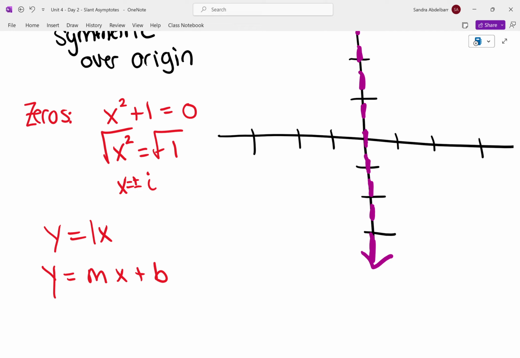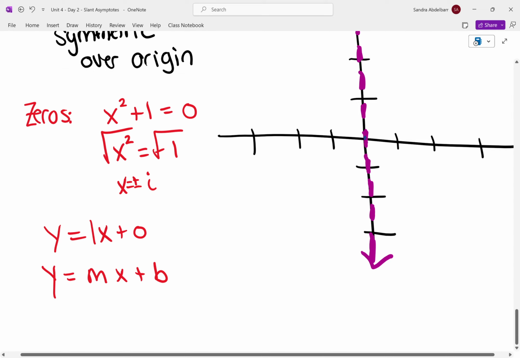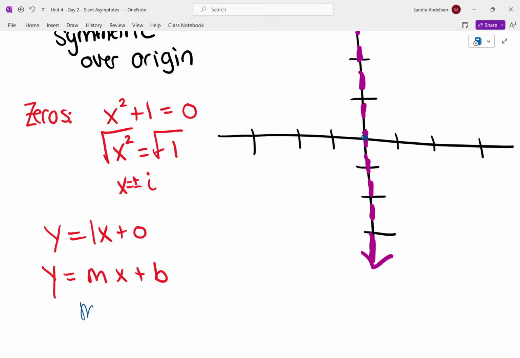So my slope is 1. What's my y-intercept? 0. So what is this telling us to do? Obviously, this is another asymptote, so it's okay that it's crossing that asymptote, right? Because these are lines we're not crossing in our diagram, in our graph.